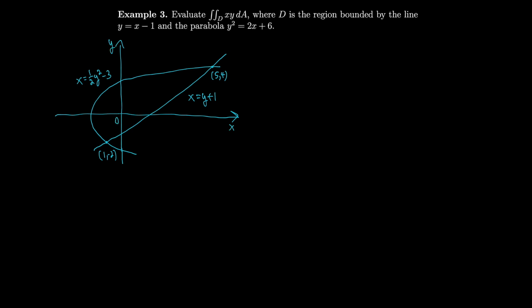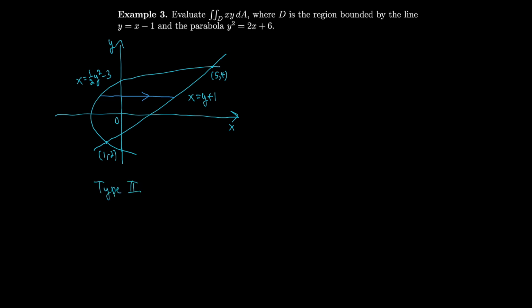Okay, so I think this is a pretty good picture. It looks like I'm going from two x equals functions of y, so I'll go from left to right. Okay, and I can now describe my region as a type 2 region.